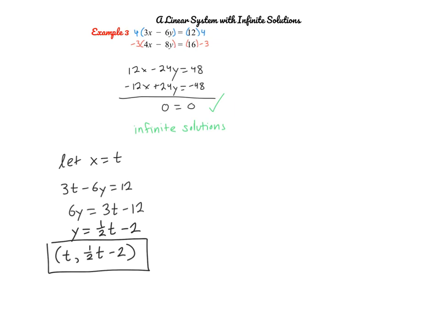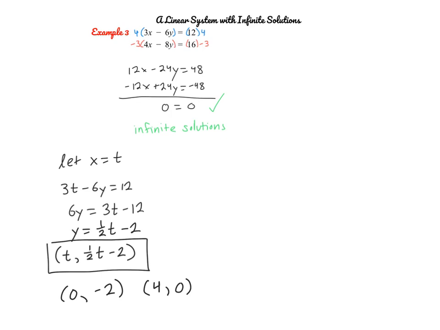So for example, if I set t equal to 0, then 0 times 1/2 minus 2 is -2, so that's a possible solution. Or let's say I set t equal to 4, so this becomes 2 minus 2, which is 0. So using this framework that we created, it gives us a way to quickly generate possible solutions.